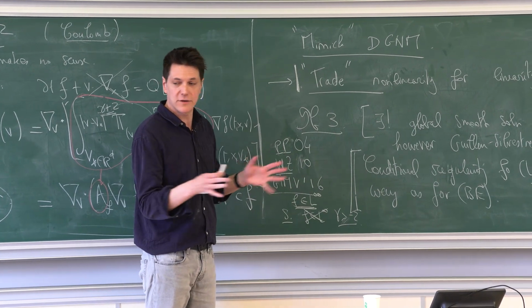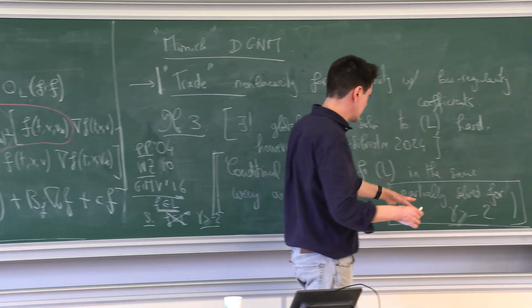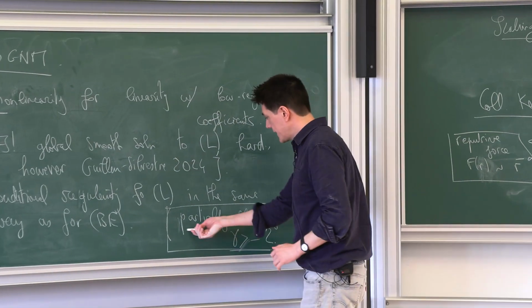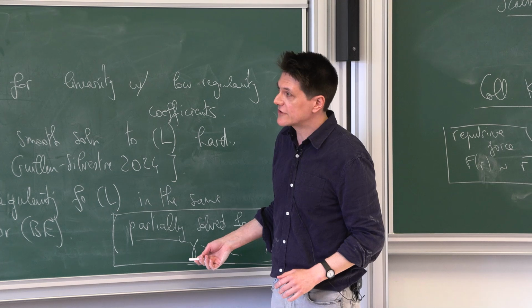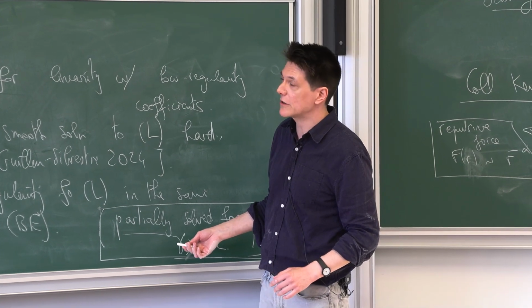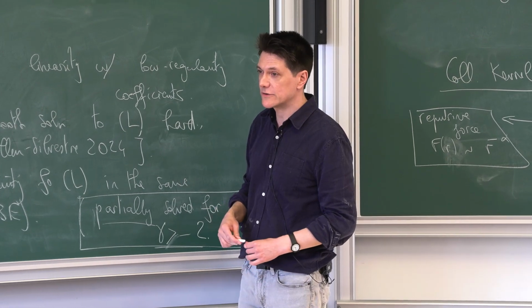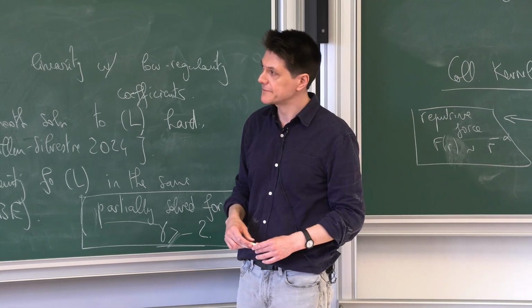So just to say that there are a lot of different papers for each. And even though it's partial, it required a lot of work. In both these questions, I emphasize that the gap, what is missing, is morally the same. It's going to the very long range. It's going to the true singular behavior.